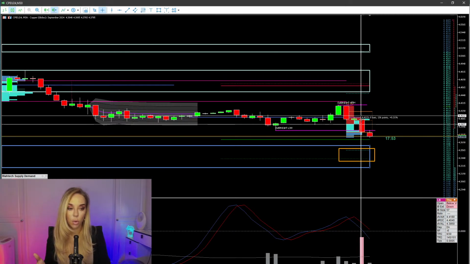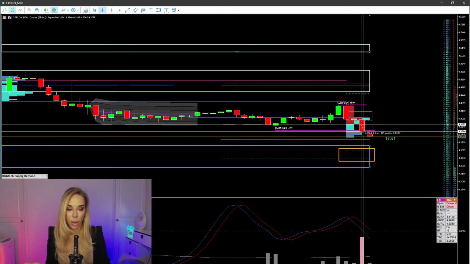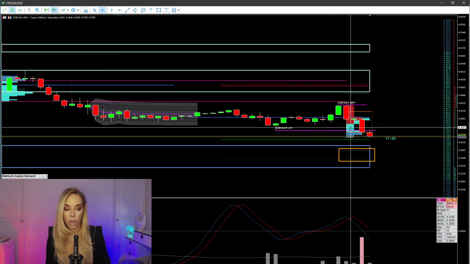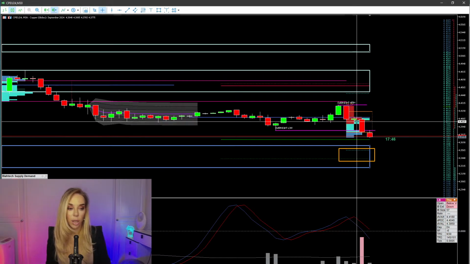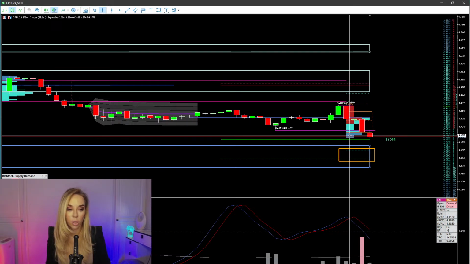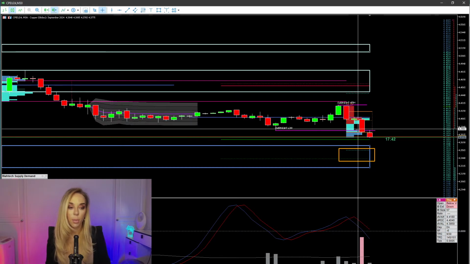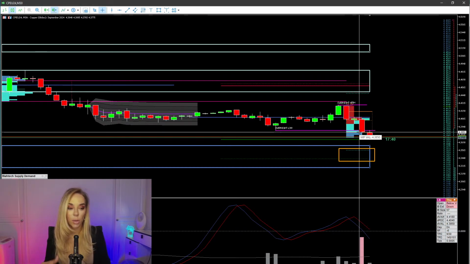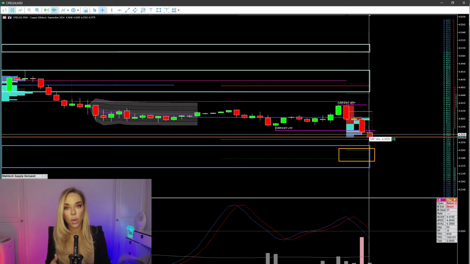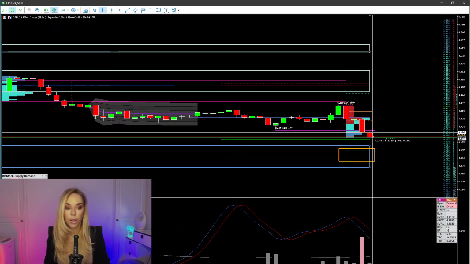So if we have a move outside of the initial balance, on this chart and on my Bloodtech MP tool is represented by the blue extensions. If that move sustains outside of the initial balance, then you have a pretty good chance of a good, strong, sustained auction to the downside.